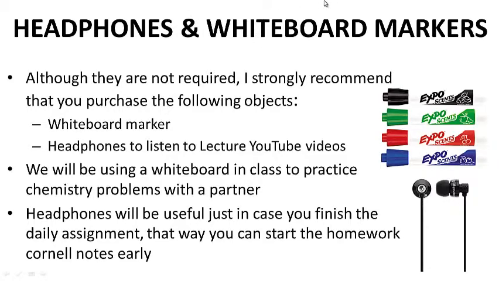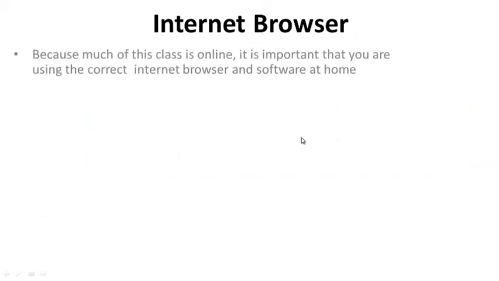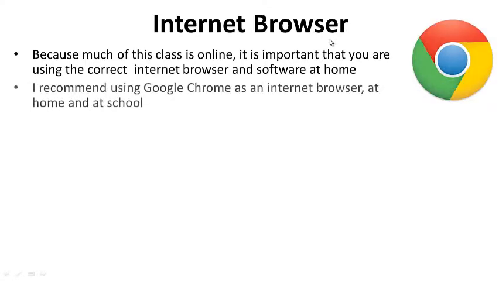So your internet browser. Because much of this class is online, it is important that you are using an up-to-date and correct internet browser and software at home. I recommend using Google Chrome as my primary choice. It's the best choice because it updates everything on its own. So use Google Chrome at home and at school if you can.